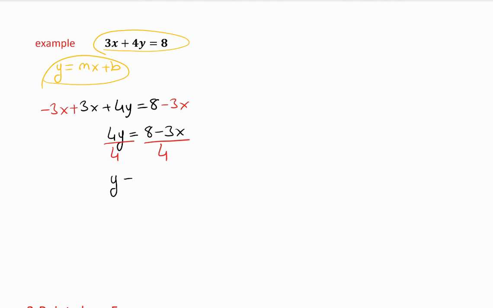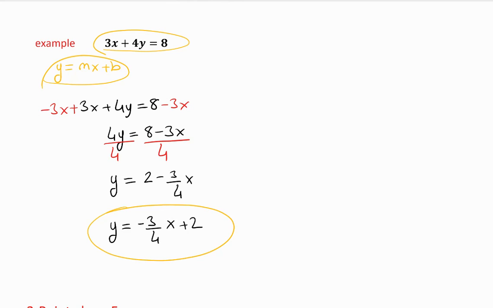So I will have y equals 2 minus 3 over 4 x. Let me do one more thing. So y equals negative 3 over 4 x plus 2. I switch the 2 and the 3 over 4 x so it looks exactly like my slope-intercept form.